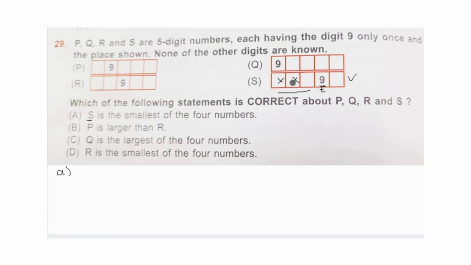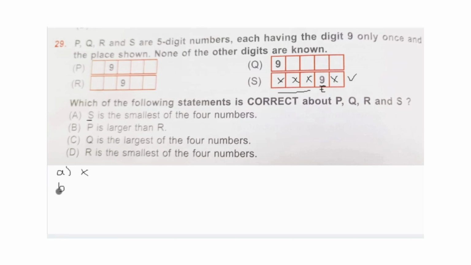Let's write it as X, X, X, and X. We don't know the values of all these numbers, so it's impossible for us to find out if S is a smaller number among all 4 or not. It's not possible because P or R could be smaller numbers. So option A is ruled out.